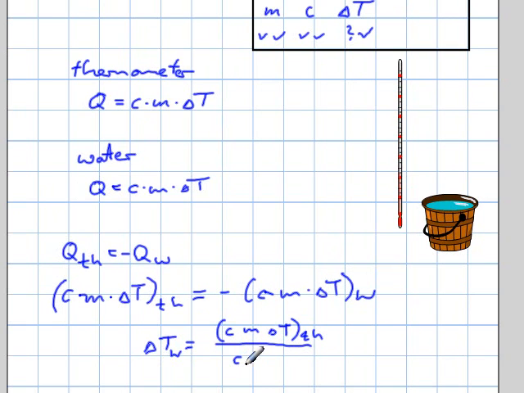And here we have C, the 4,186, and this one here is 119 grams, and there's actually a negative in front of this. By the way, this one being in grams and this one being in grams, that's why we don't have to convert to kilograms, because the grams readily divide out. I'm going to make this negative look a little nicer. So this one being 4,186, this one being 119, you come up with something, and this is then going to be the temperature decrease of the water in Celsius degrees.